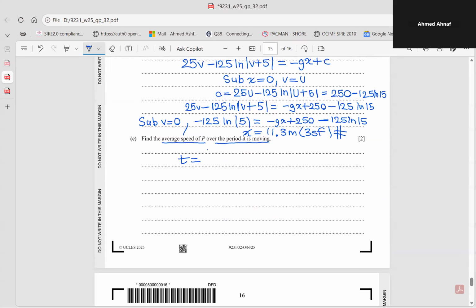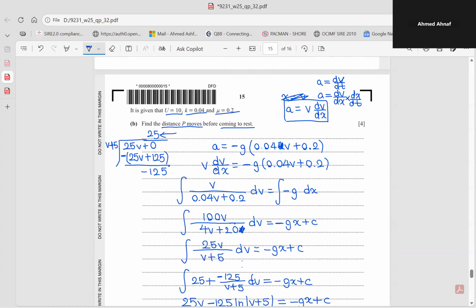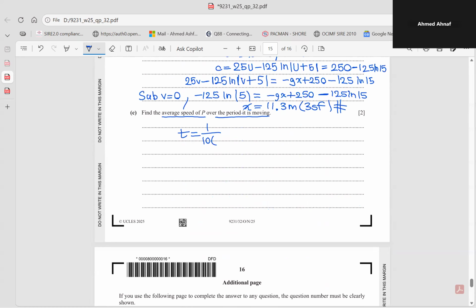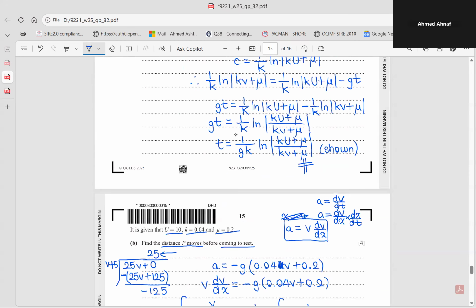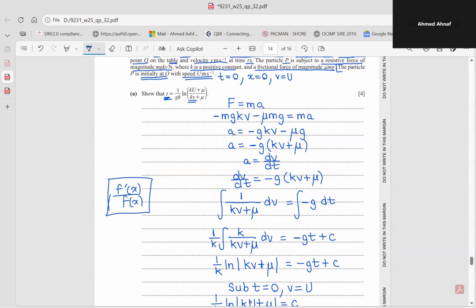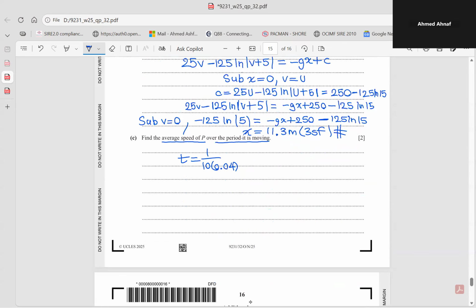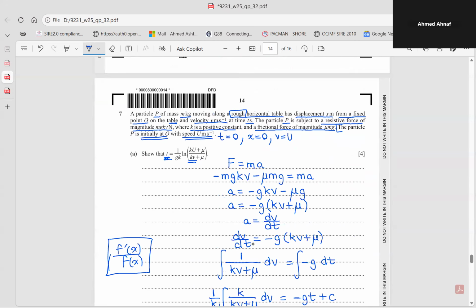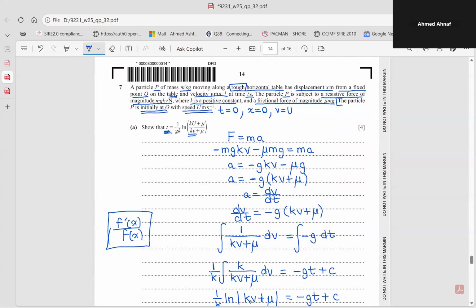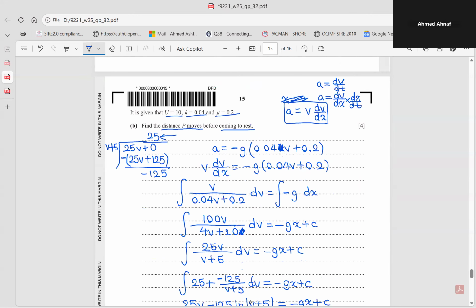So t is 1 over g, and k is 0.04. So 0.04 times ln modulus of k small u plus mu over kv plus mu.